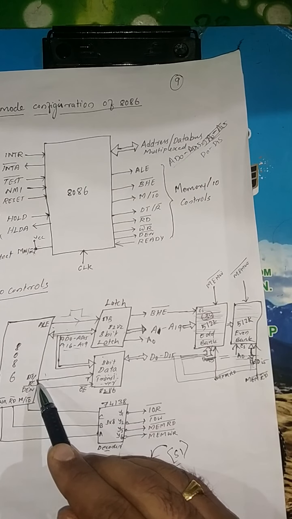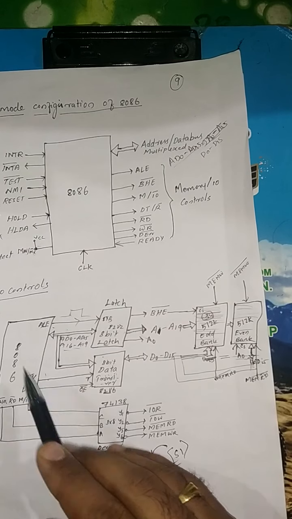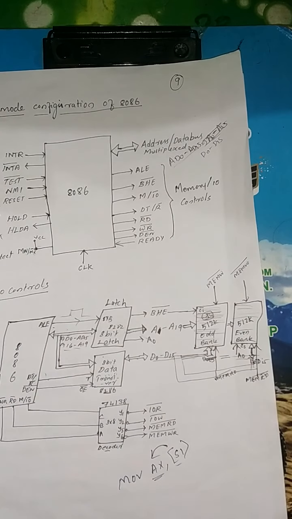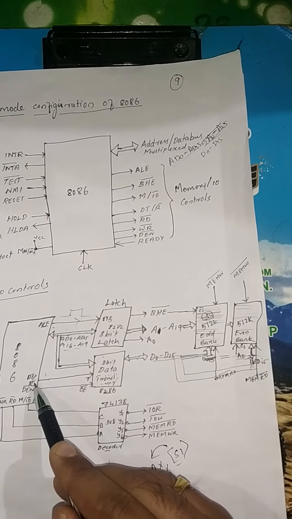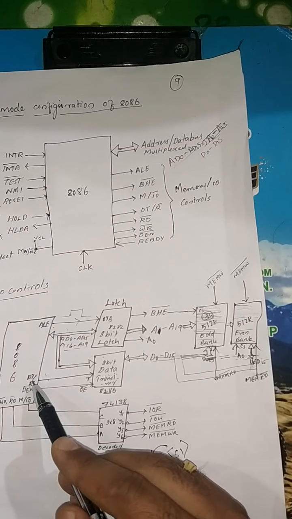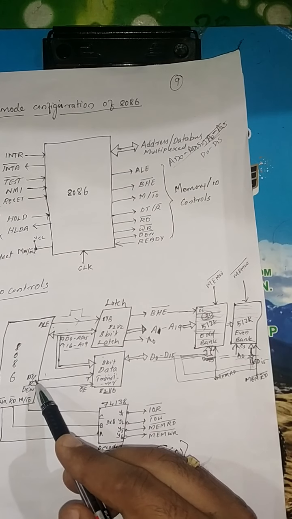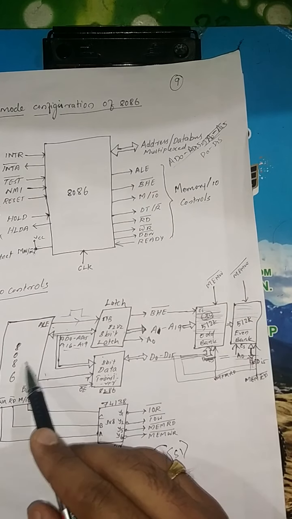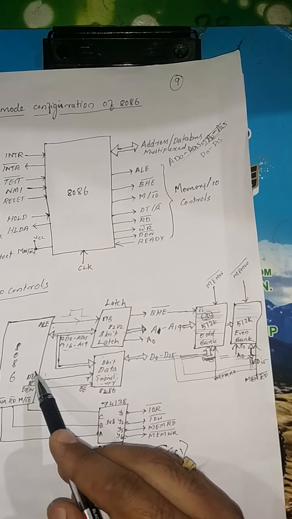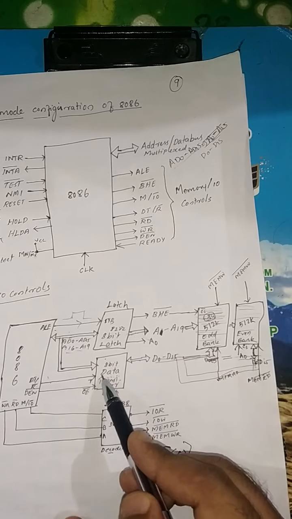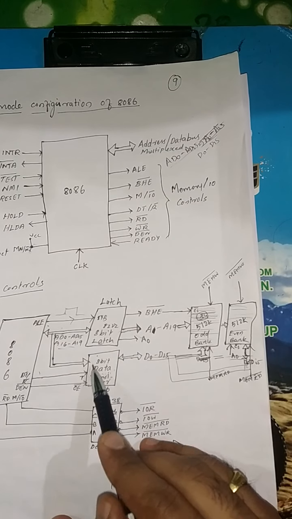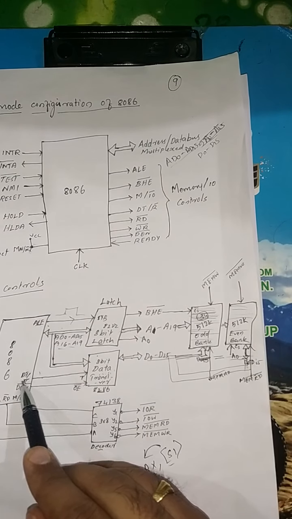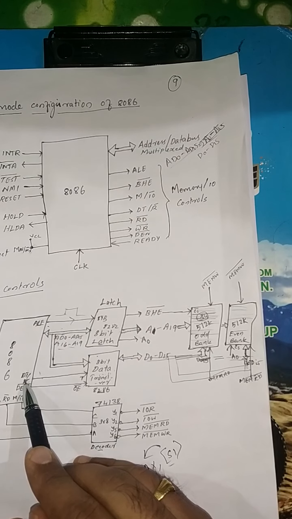So if it is a memory write operation, what is the direction? From processor to memory. Then what will be DT/R bar? Tell me. It will be logic 1, because the processor is transmitting. Writing means writing into the memory, right? So this is controlled by this transceiver, and the transceiver signals are sent from the microprocessor.